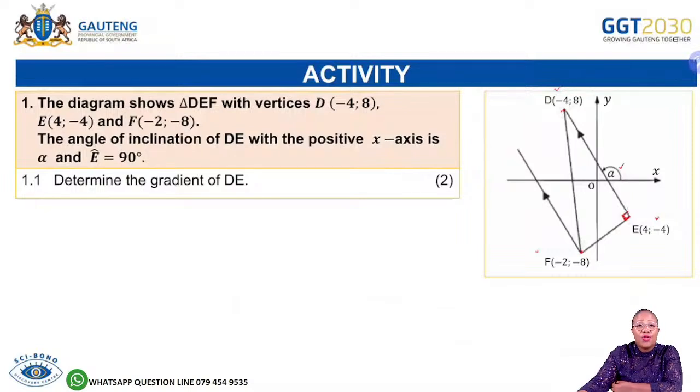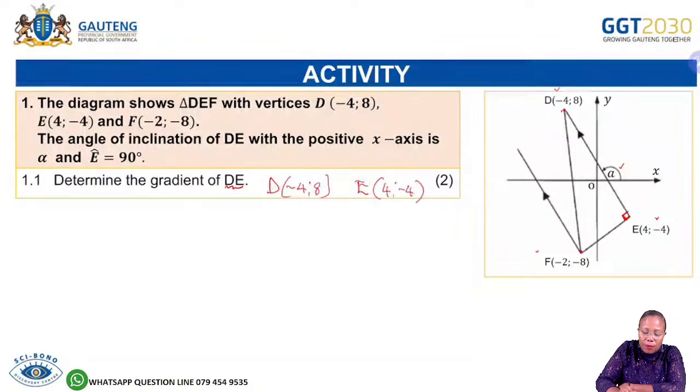So after going through the whole given information, checking that everything is indicated on the diagram, it's only then that we can look at the question. The first question says: determine the gradient of DE. So we are directed by DE that we need coordinates of D, which is -4 and 8, and coordinates of E, which is 4 and -4.